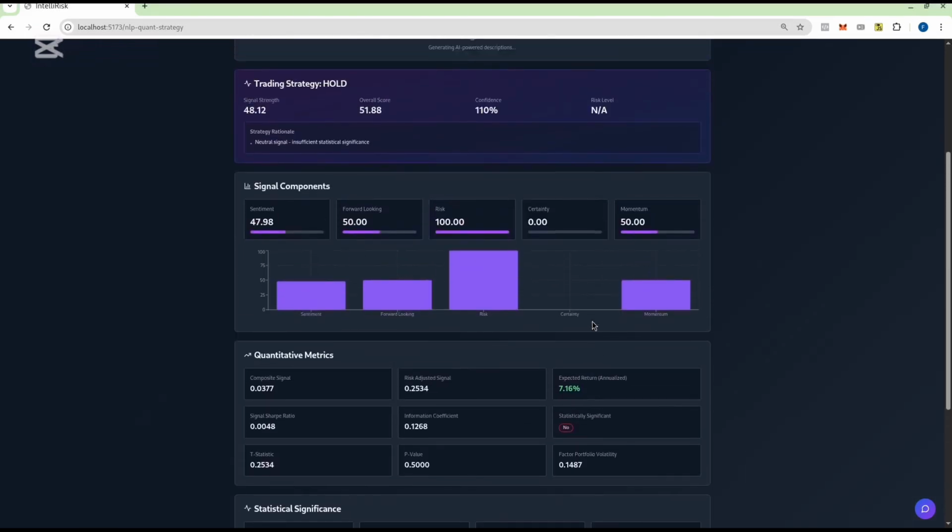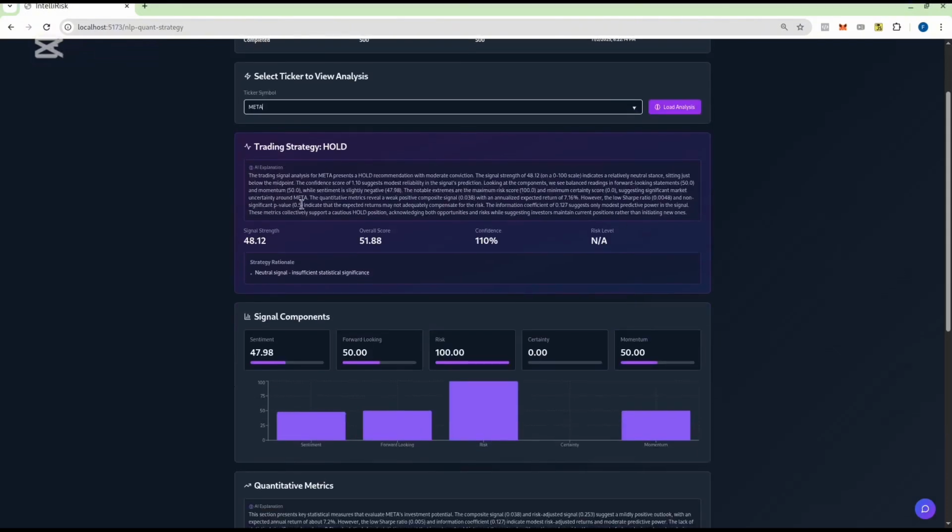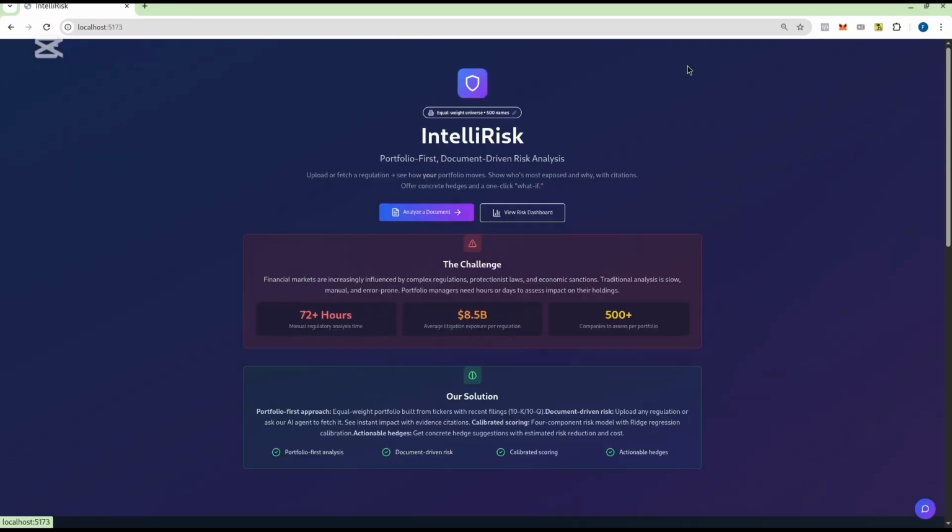We remove the content that appears a lot in each company. Here we have an AI explanation of what to do based on the SEC filing analysis. We also use FinBERT to get the sentiment of the current SEC filings.